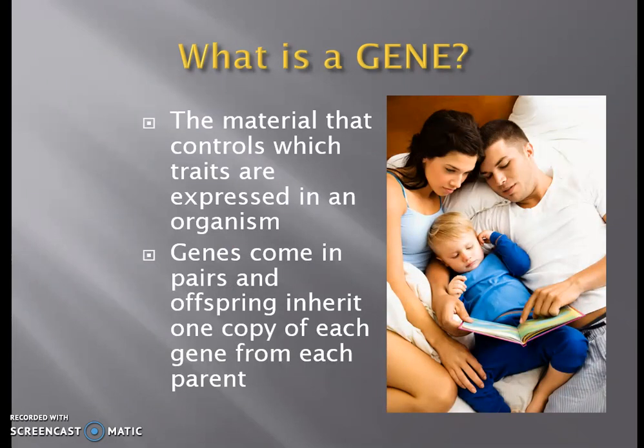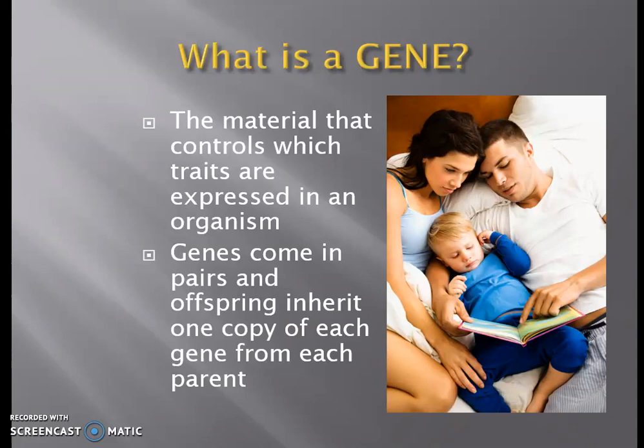Just repeating the same thing, what are genes? Genes are the material that controls each trait, which is expressed in an organism in the form of various features like hair color, eye color, or the other features which you inherit from your parents.